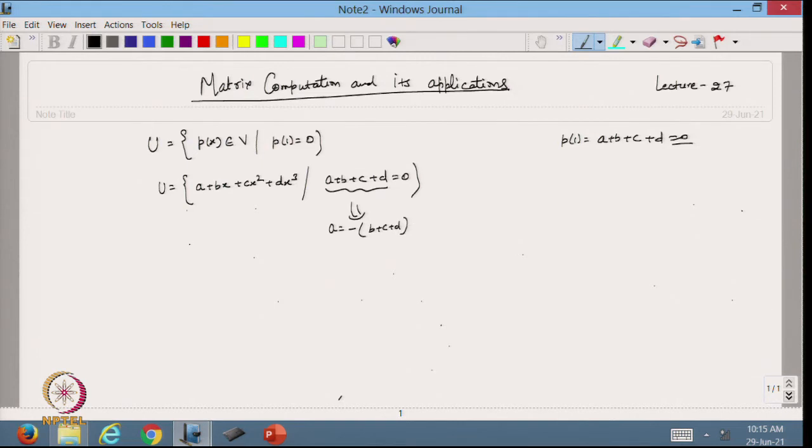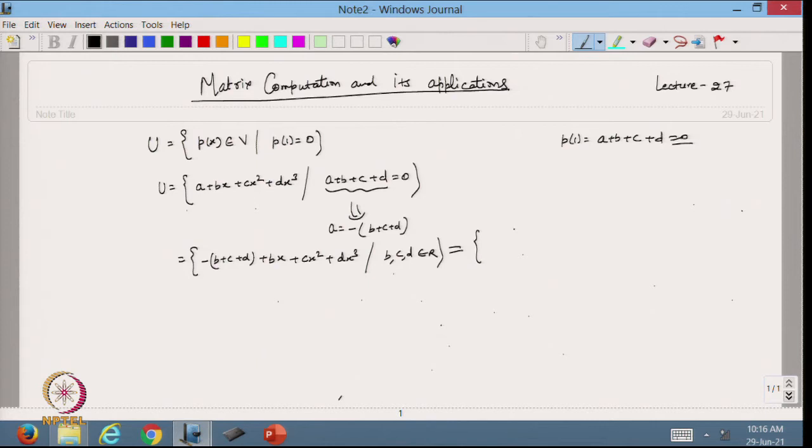And from here I can write that U will be, instead of a, minus of b plus c plus d, plus bx plus cx square plus dx cube. So, all these polynomials where b, c, d belong to the real line.